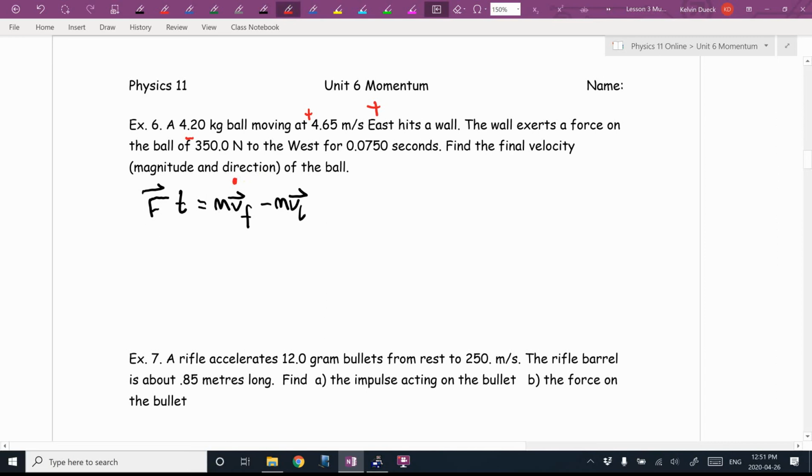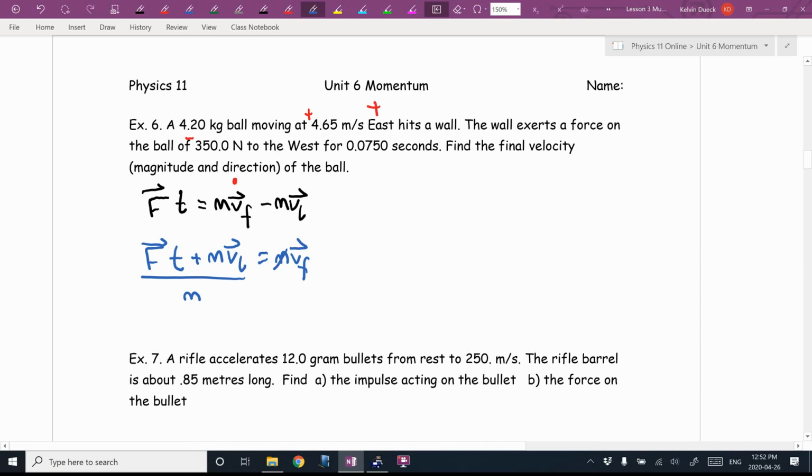What's going to drop down like a domino? Force times time. Then I'll eventually divide by m, but first I would move this mvi over. It's subtracting, so I would add it over. That equals mv final, and then to get the v final by itself, I would divide by the m.